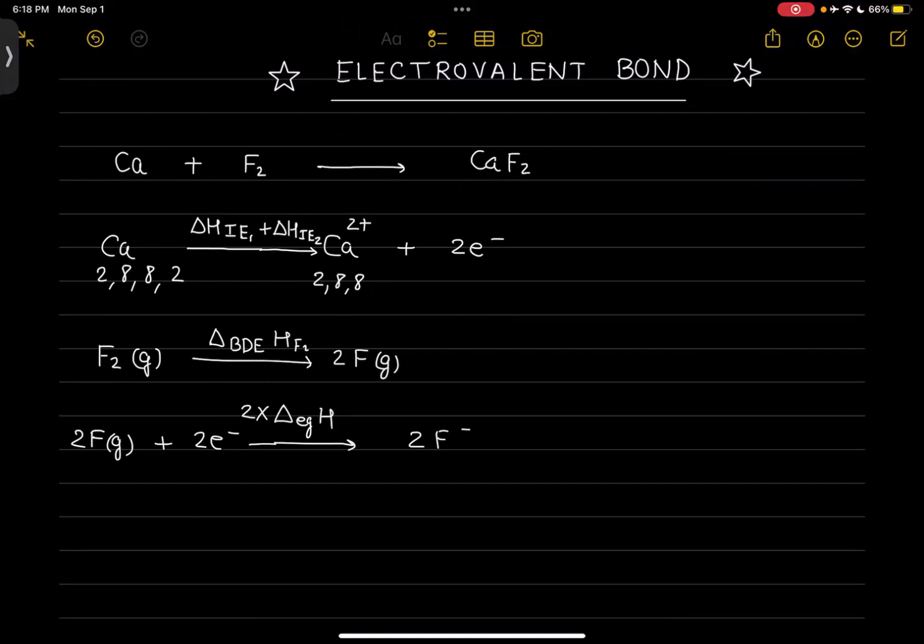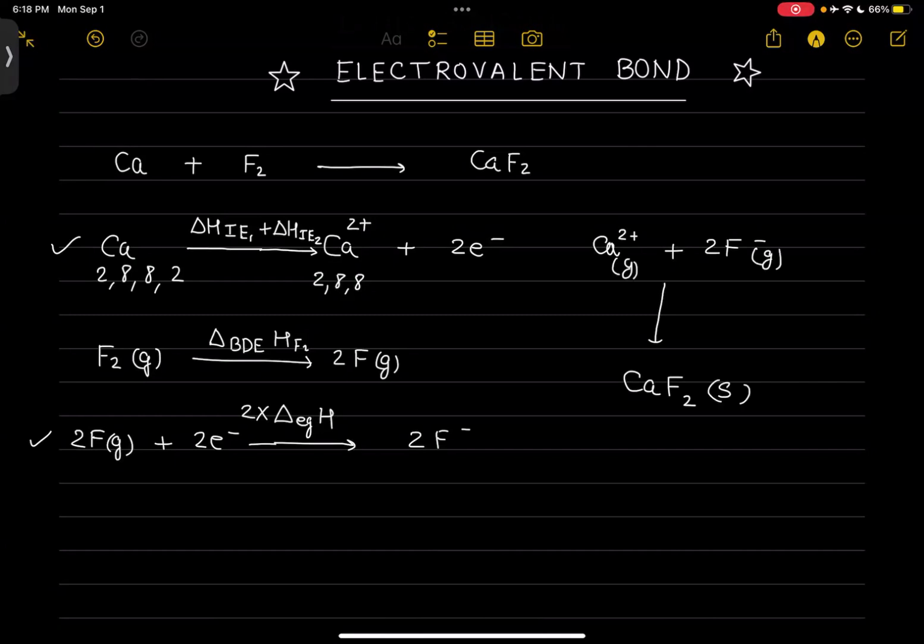So you have the calcium 2+ ion and you have two fluoride ions, right? You will add them together. What will they become? CaF2, solid, right?